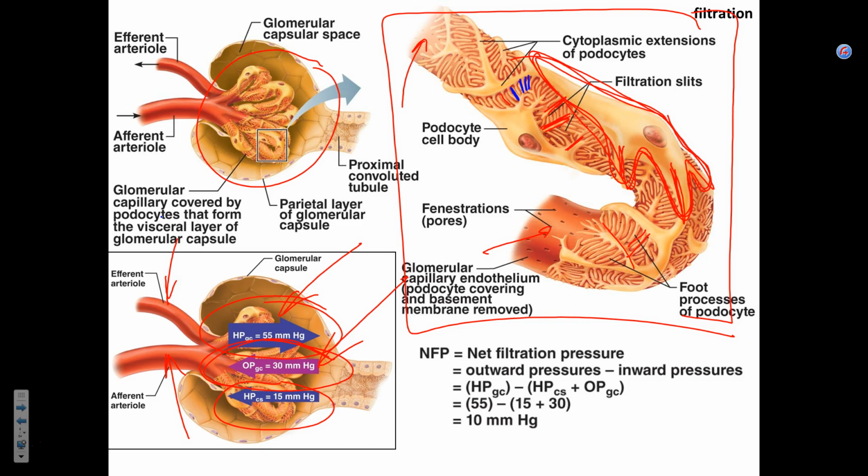Does that make sense? So essentially, things that can leave the glomerulus and enter the capsule will be water, ions, and small organics. We're clear about this.